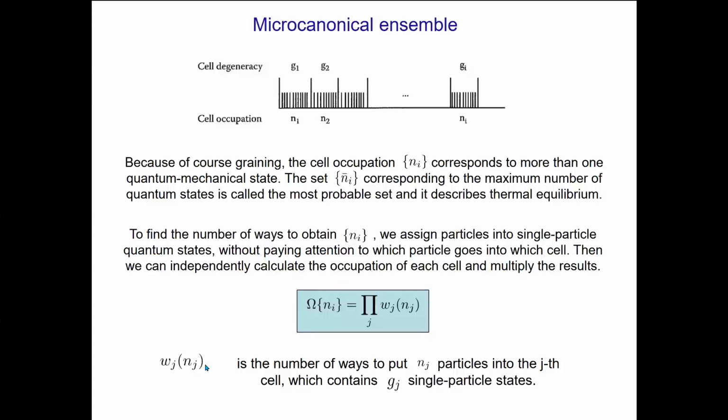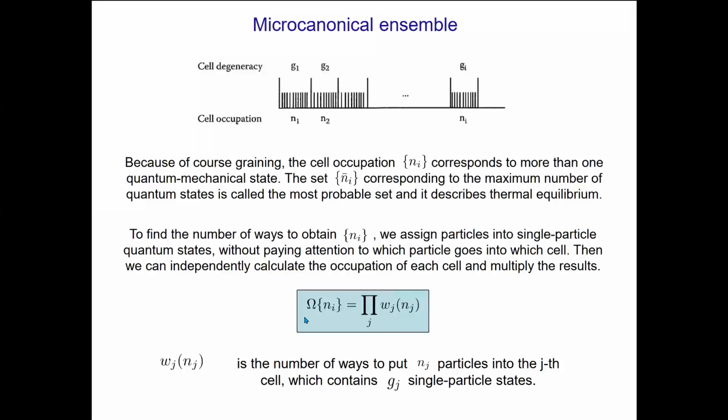For each cell, we will denote W_j for cell j, with N_j the occupation number, the number of ways to put N_j particles into the j-th cell. And each cell, if you remember, can contain G_j single particle states. So for each cell, W_j(N_j) will be the number of ways to put all these particles into that cell.